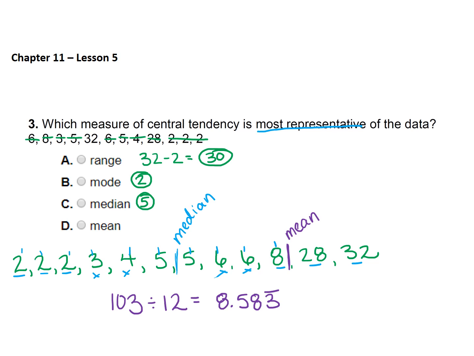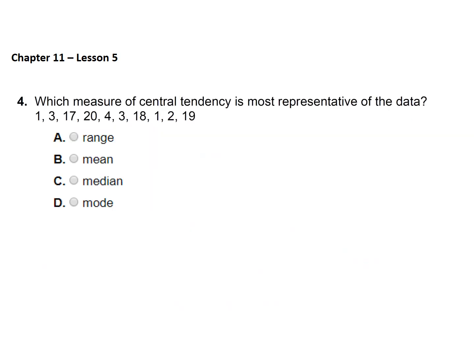Because these values are affecting the mean much greater than the median. These 28 and 32 are outliers. So when you have outliers, most often the median is the better representation of the data.